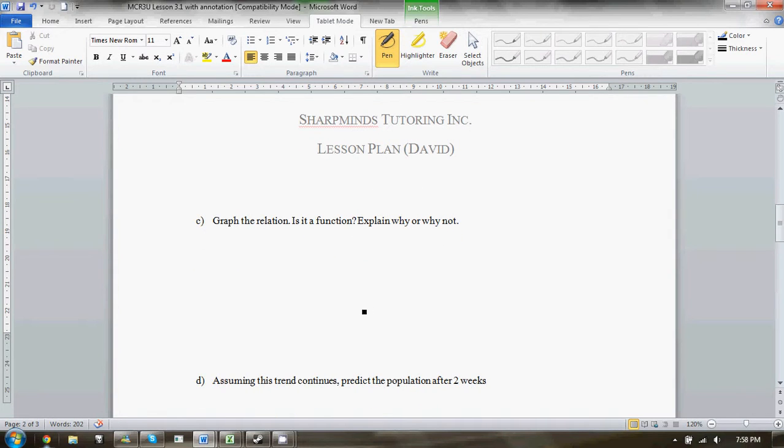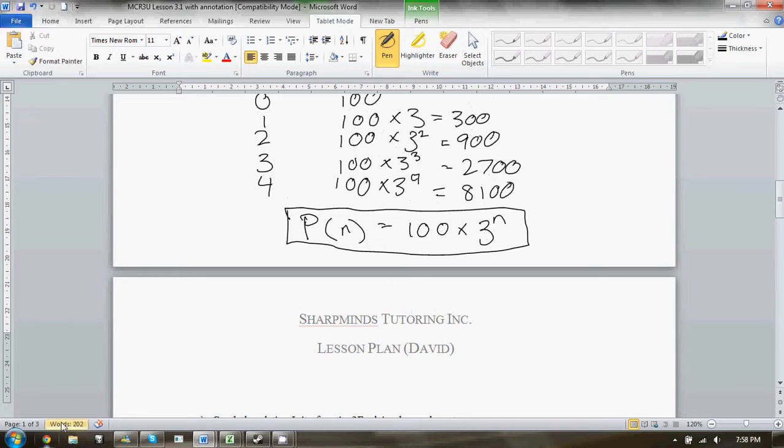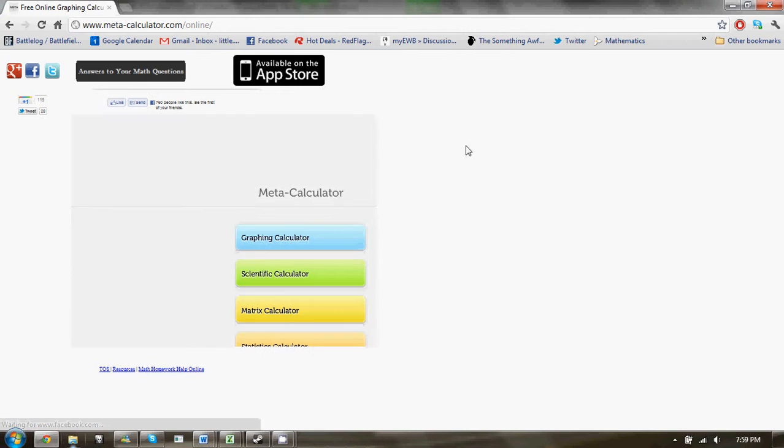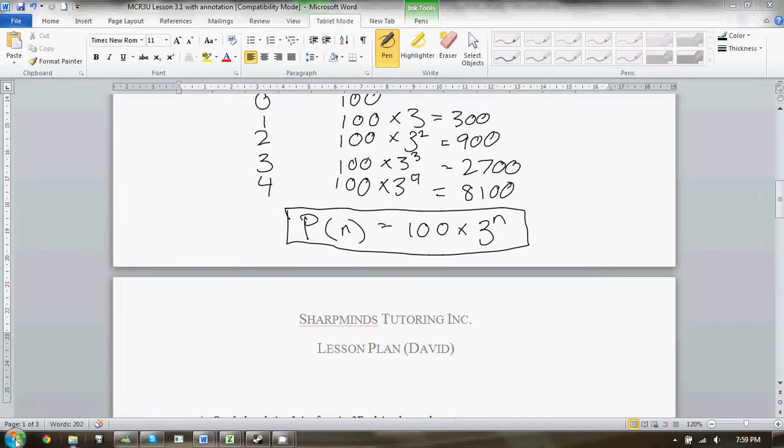Graph the relation. Is it a function? Explain why or why not. Alright, so let's do this. I'll show you on the graphing calculator. Of course, this one's broken.